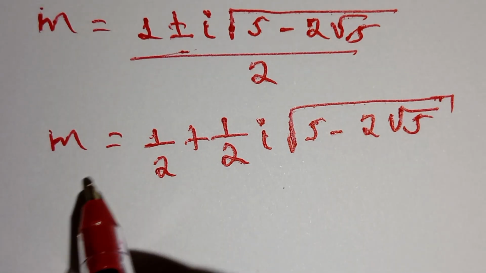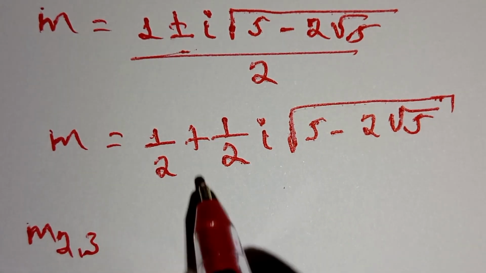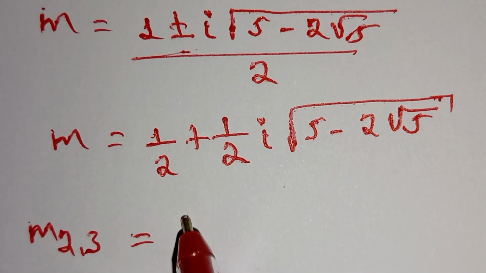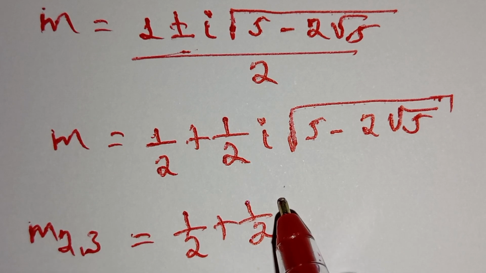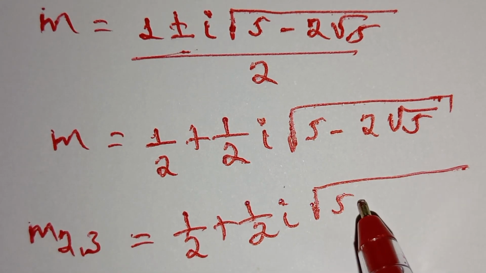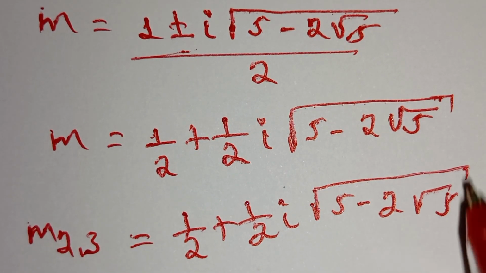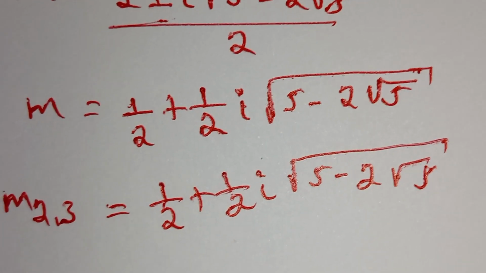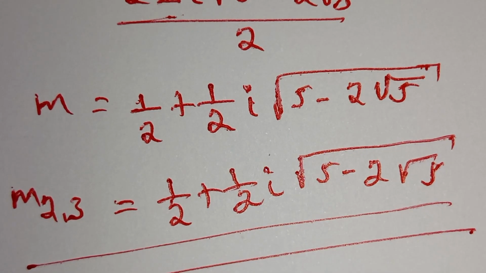The complex solution. The second and third solution is that 1 over 2 plus 1 over 2 i times the radical of 5 minus 2 radical 5 is the second and third solution.